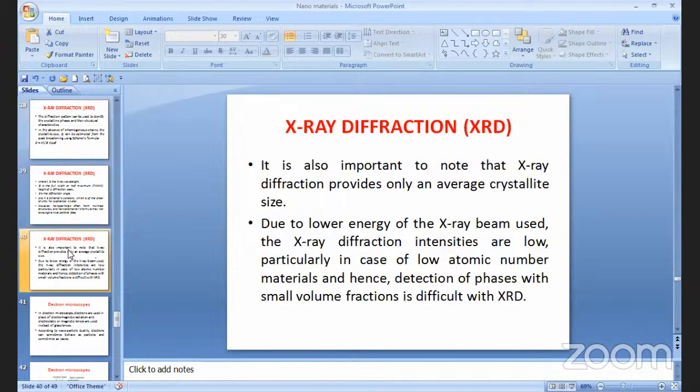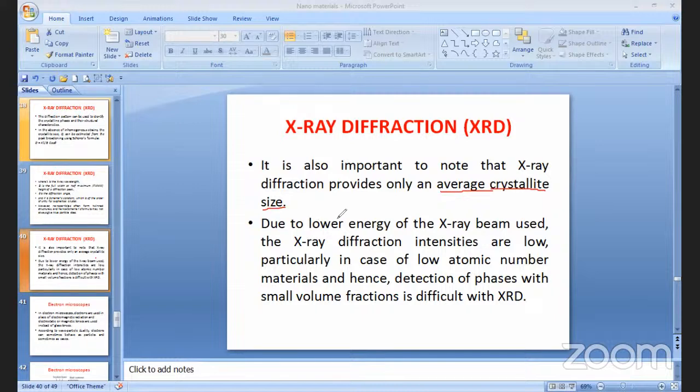It is also important to note that X-ray diffraction provides only the average crystalline size. We cannot get exactly the size of the crystallite in the case of nanoparticles; we have to remember that only the average crystalline size can be obtained with X-ray diffraction.